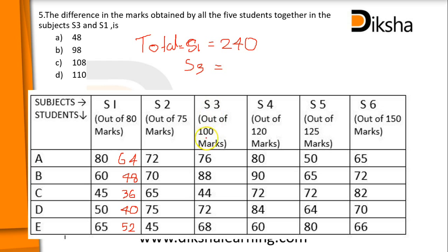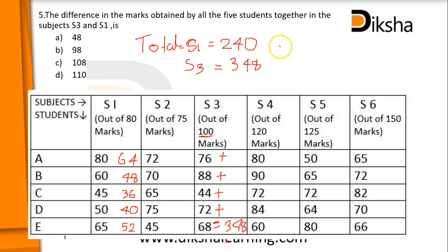Now we want to find the total marks of S3. Since the question is out of 100, no need to find percentage, just take the value. So we want to add 76 plus 88 plus 44 plus 72 plus 68. That will give you 348. So the question is difference between the marks of S3 and S1.